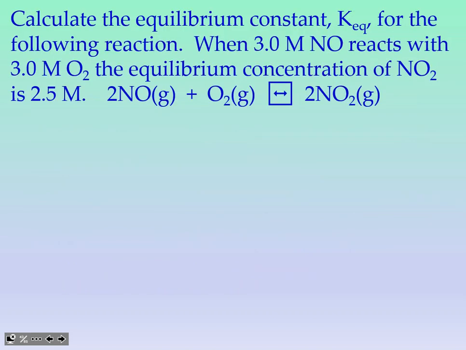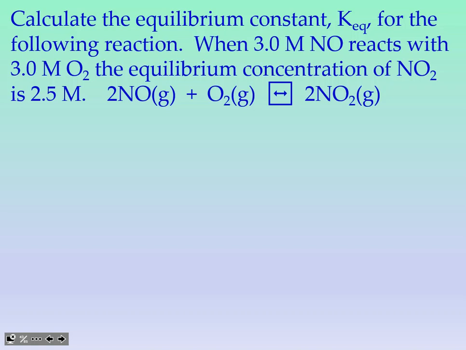Let's look here at an example. Calculate the equilibrium constant K for the following reaction. We have 3 molar nitrogen monoxide, 3 molar oxygen, and they're telling us the equilibrium concentration of the nitrogen dioxide at 2.5.